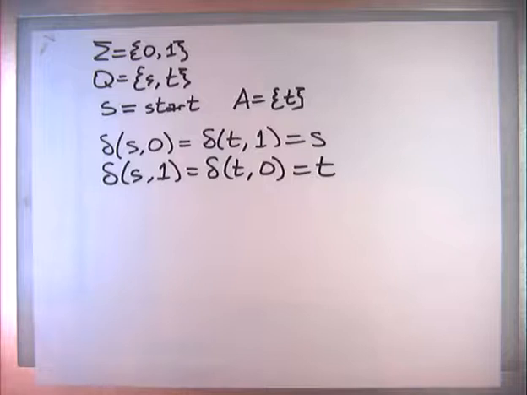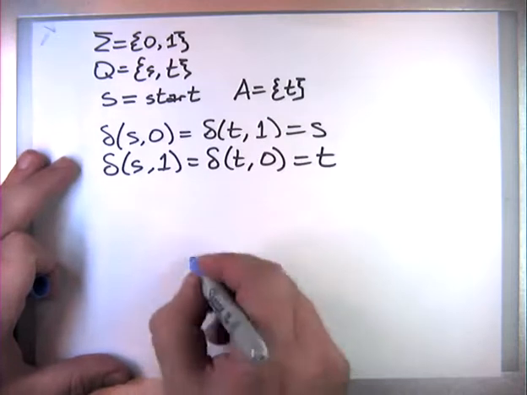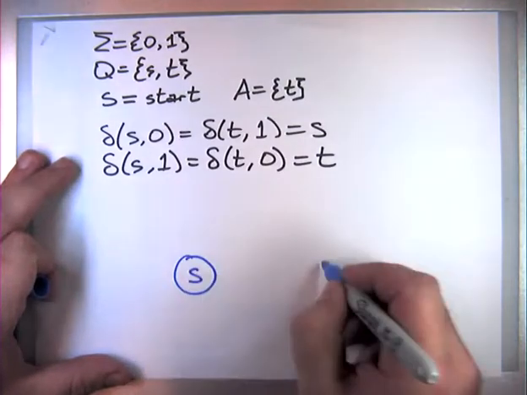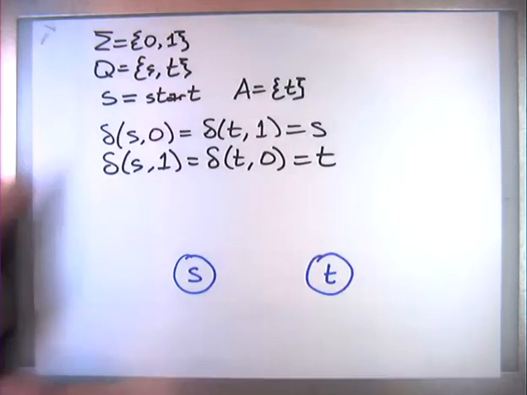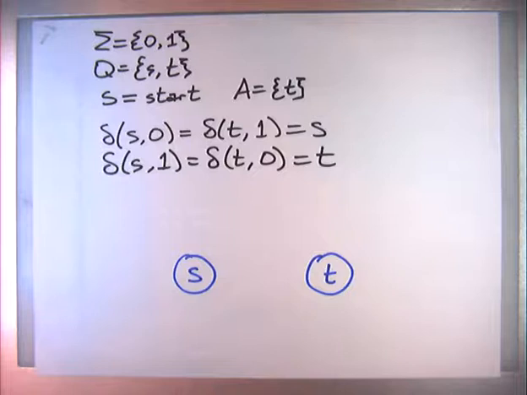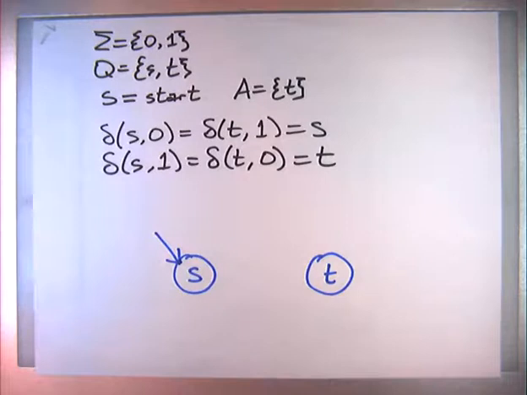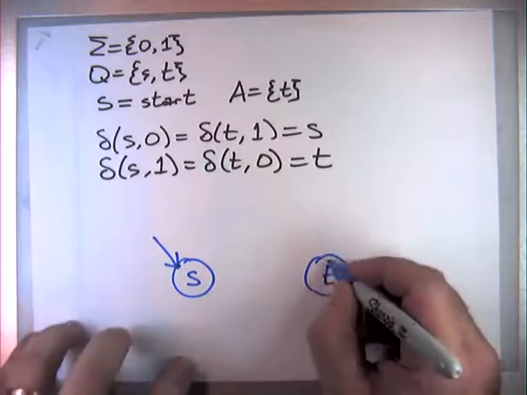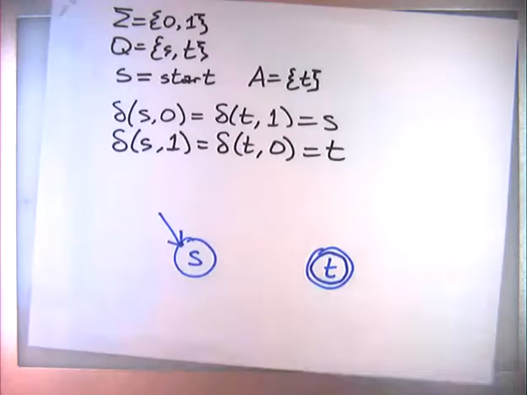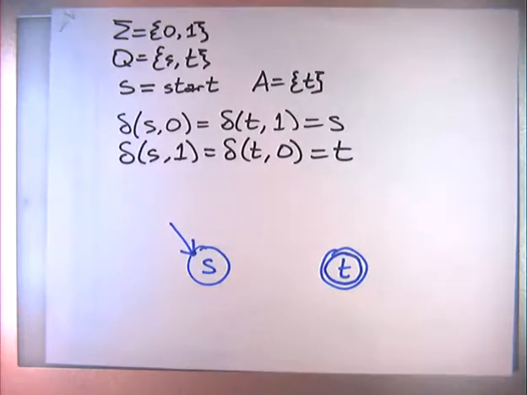Okay? Now, if I want to draw a picture of this machine, the machine has two states, one called S, one called T. The S is the start state, so I'm going to draw an arrow coming from outer space and pointing to that S. The only accepting state is T, so I'm going to draw a double circle here. And now I have to draw 4 arrows.